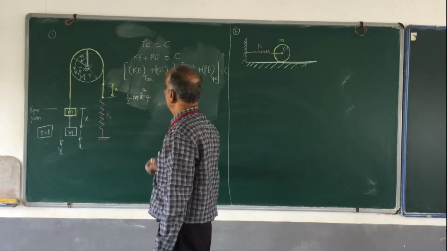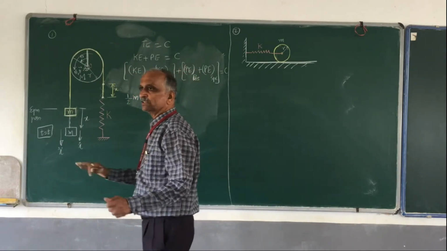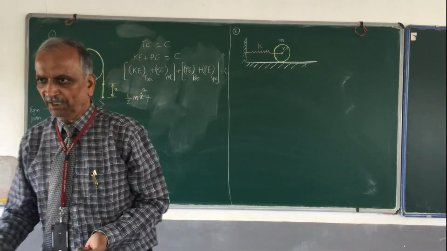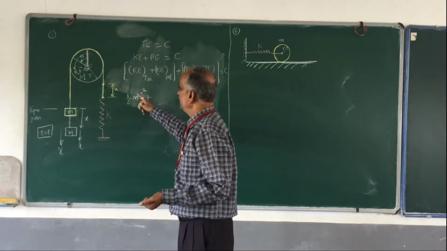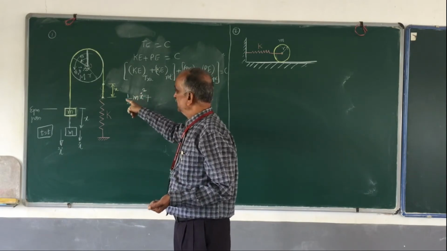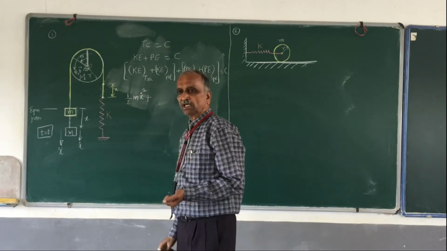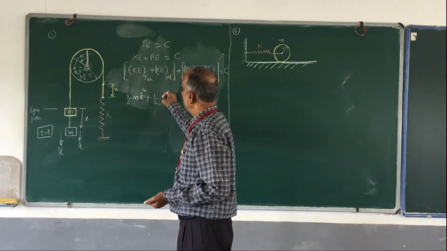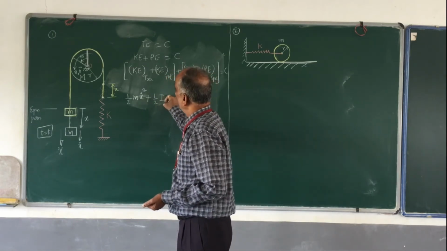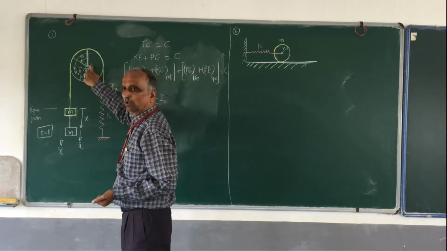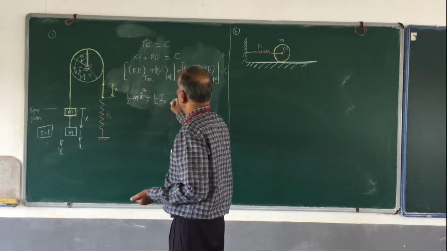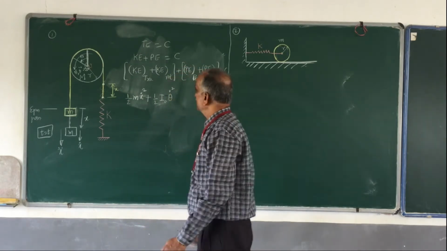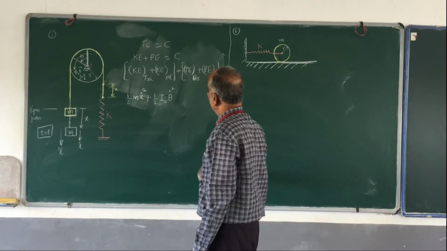What is the kinetic energy because of rotation? That is equal to half I omega square, just like half m into velocity square. The kinetic energy because of rotation is half I about O, since this pulley is rotating about point O, I_O into theta dot square. Okay, this is kinetic energy because of rotation.